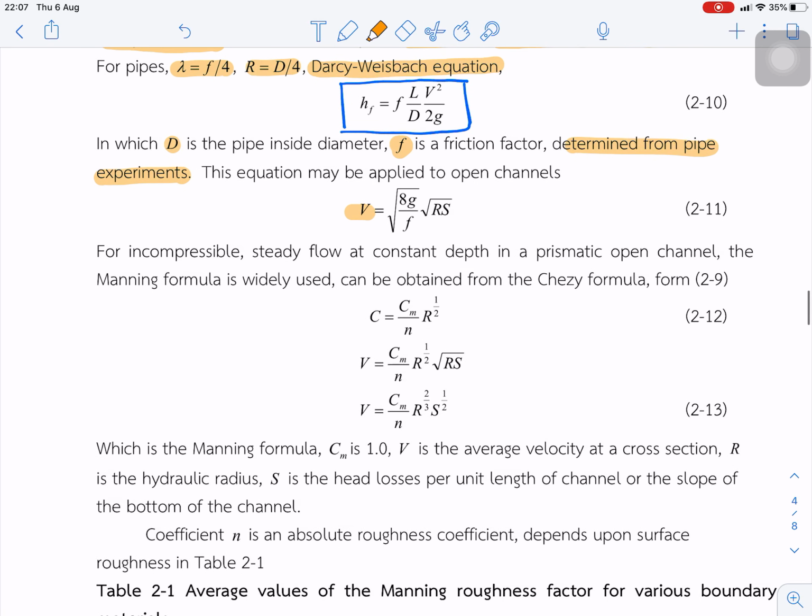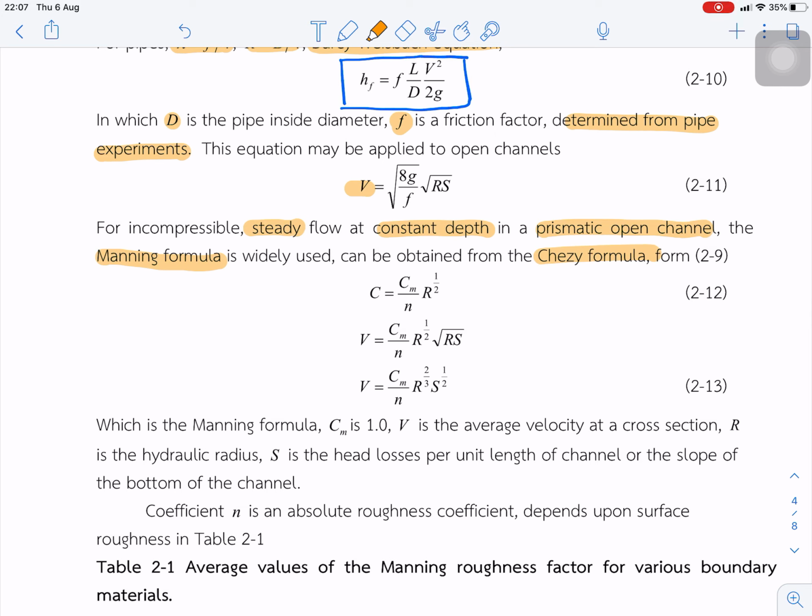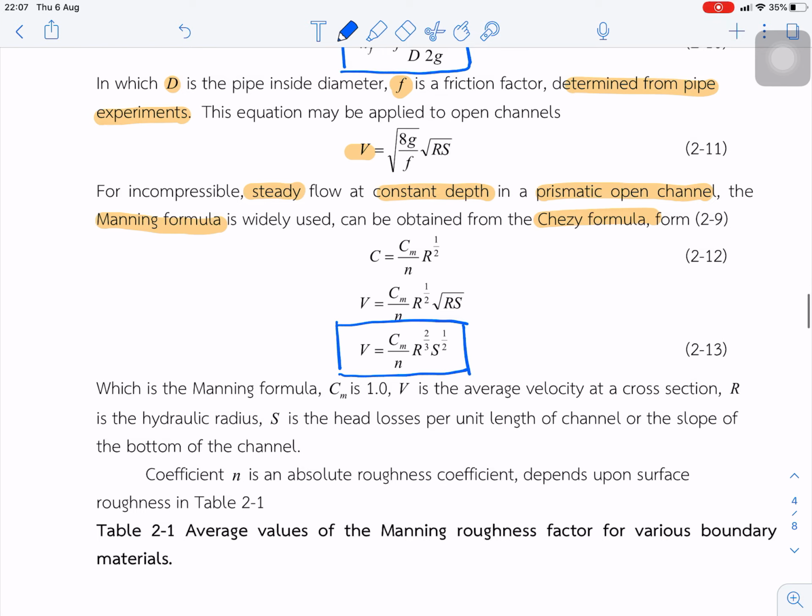For incompressible steady flow at constant depth in a prismatic open channel, the Manning equation is widely used. We can obtain it from the Chezy formula above, and we define the Manning equation as V equal to Cm divided by n, times radius to the power 2/3 and slope to the power 1/2.